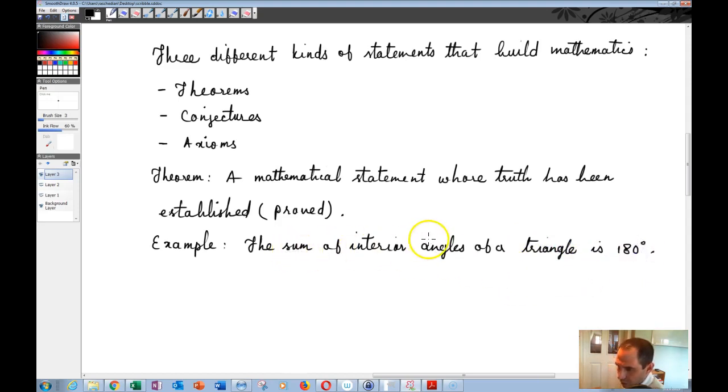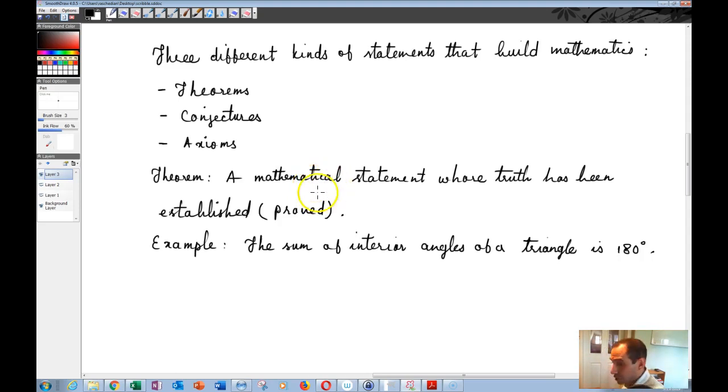This is something that you can logically prove. Of course, I'm not going to prove it here, but once you prove it, that is basically a theorem, meaning that you can use it later to prove other things.